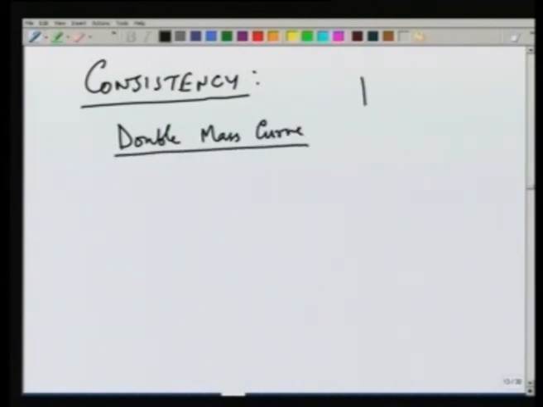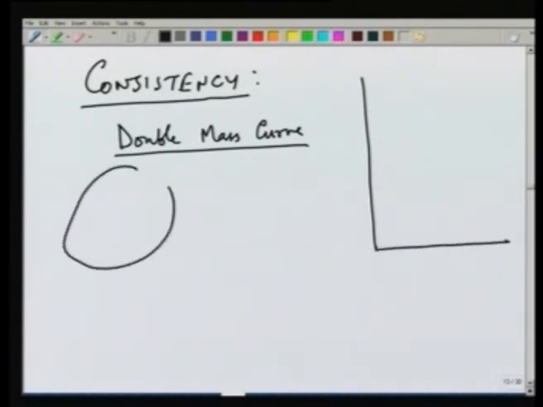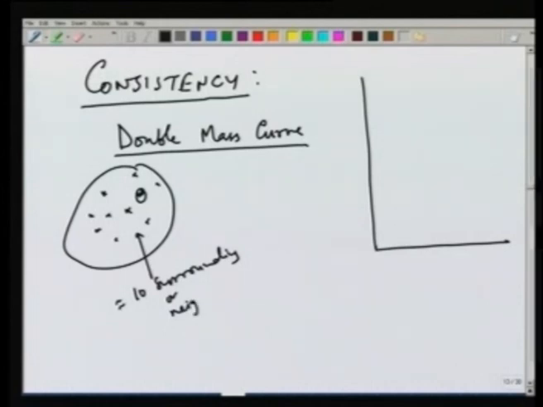And the double mass curve, again if we have a gauge here and we want to check its consistency, we have some surrounding gauges also. Generally about 10 gauges are taken, or neighboring gauges.